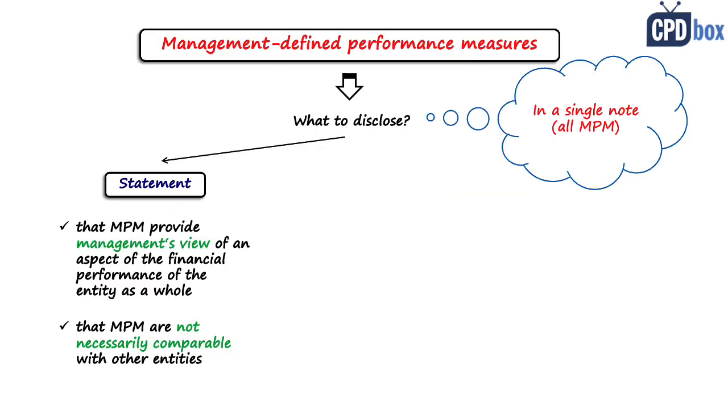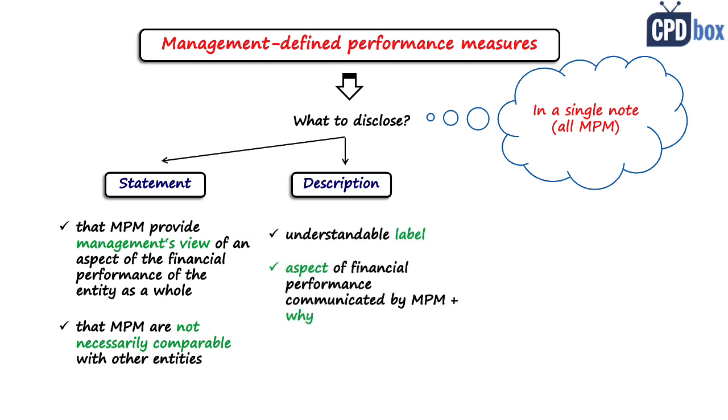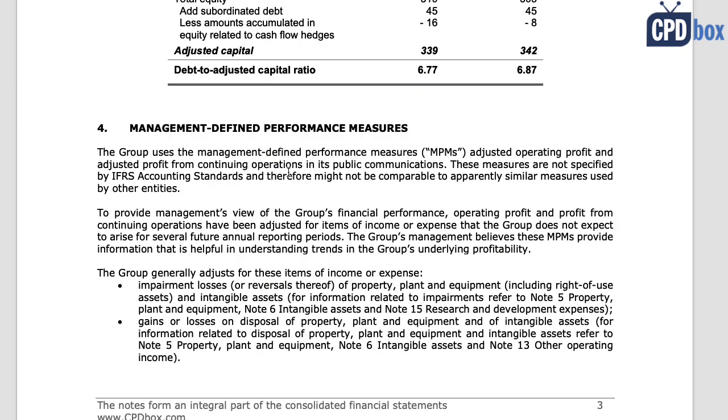Next, we need to provide certain descriptions of those measures. There must be an understandable label and description of that aspect of financial performance which is communicated by the measure and why. So let's get back to the note illustration. Here you can see that there are clear labels: adjusted operating profit and adjusted profit from continuing operations.